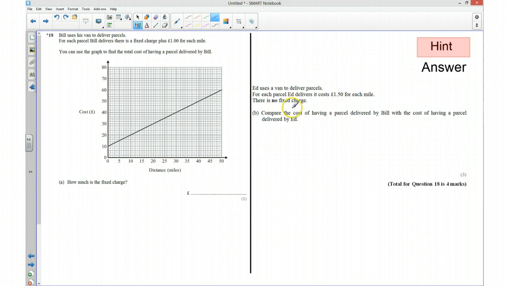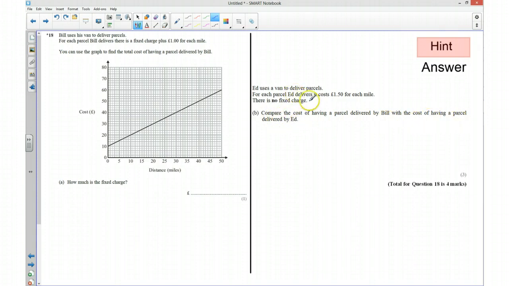Ed uses the van to deliver parcels. For each parcel Ed delivers, it costs £1.50 for each mile. There is no fixed charge. We need to compare the cost of having a parcel delivered by Bill with the cost of having a parcel delivered by Ed.